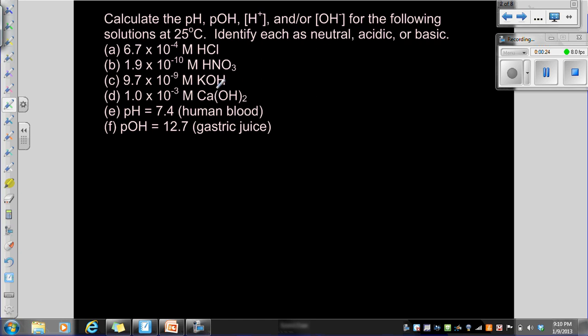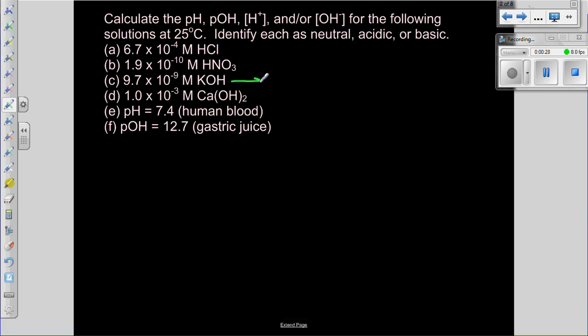Like the acids that we did, potassium hydroxide is a strong base. So that means when it is added to water, it is going to dissociate into 100% ions. So whatever the concentration of the base itself is, if that's a 1-to-1 molar ratio, then the concentration of the base will also be the concentration of hydroxide ion.